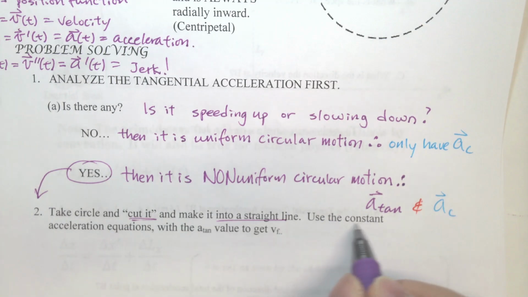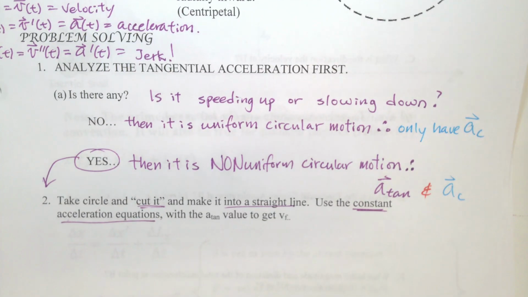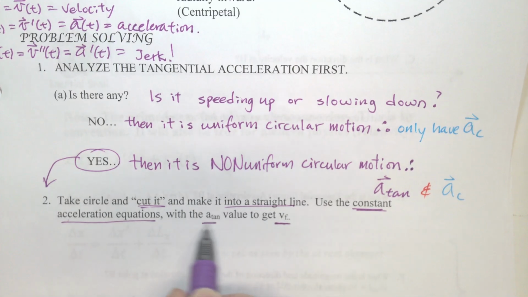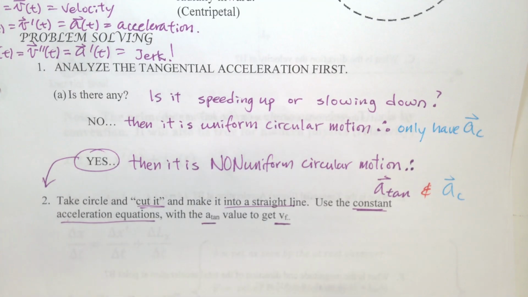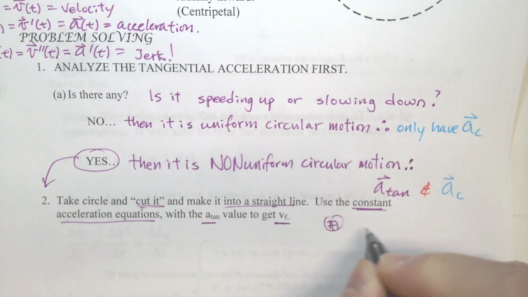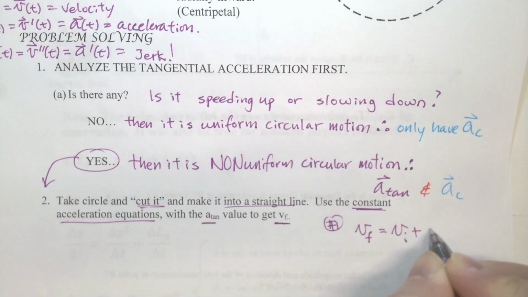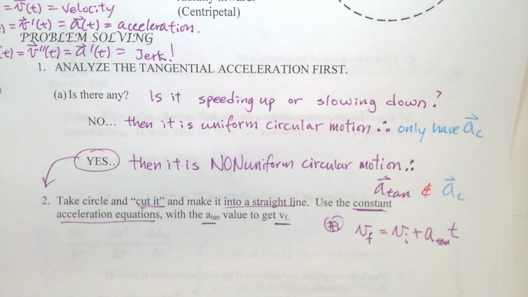Then use the constant acceleration equations that you have to memorize to find V final with the tangential acceleration given. Most likely, it would be a good idea to use equation number 1, which is Vf is equal to Vi plus a tangential t.